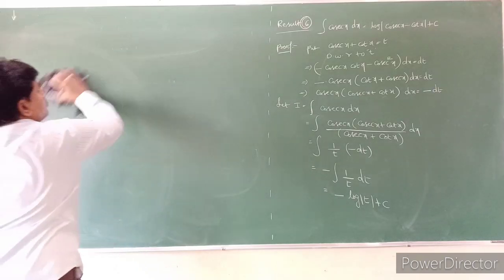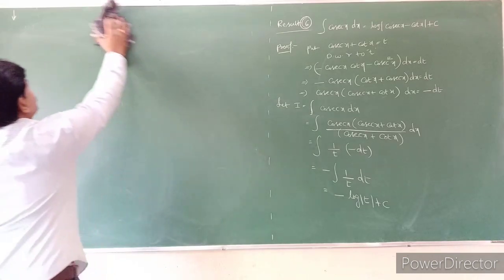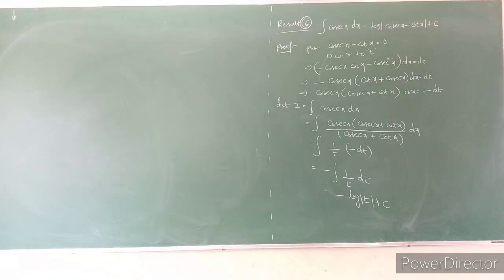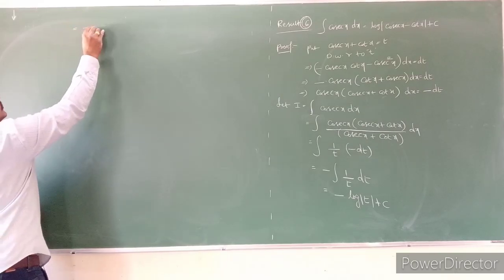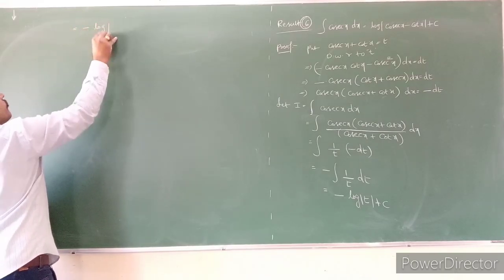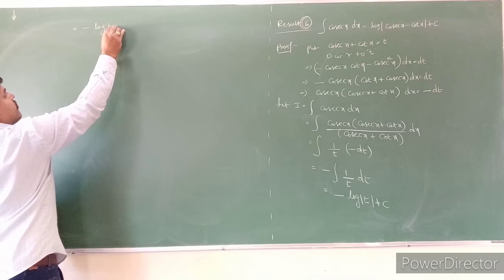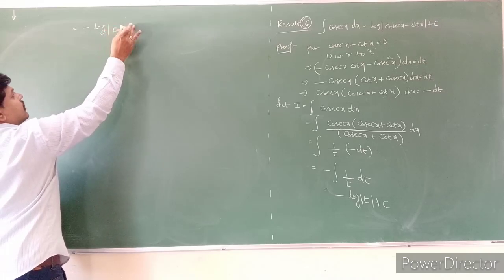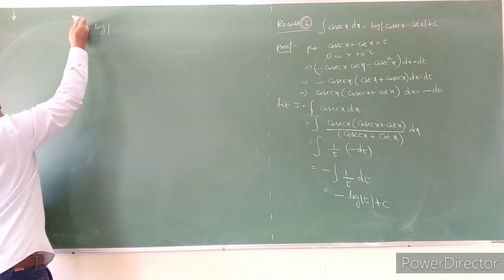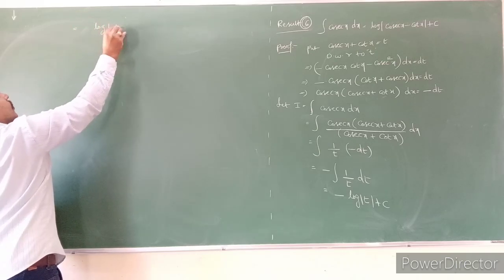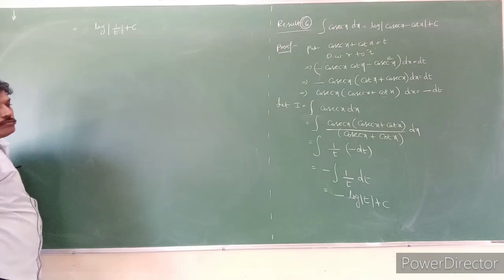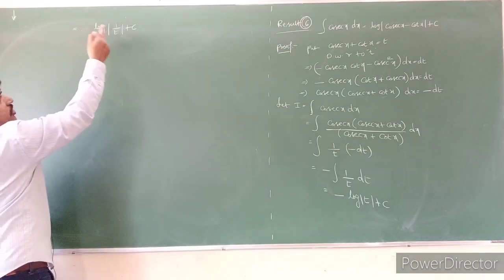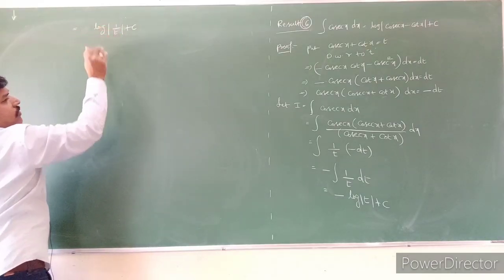So that is equal to minus log of mod t. What is the t value? I will take one more step. If you remove this minus, it will become t power minus 1, and t power minus 1 is 1 by t.